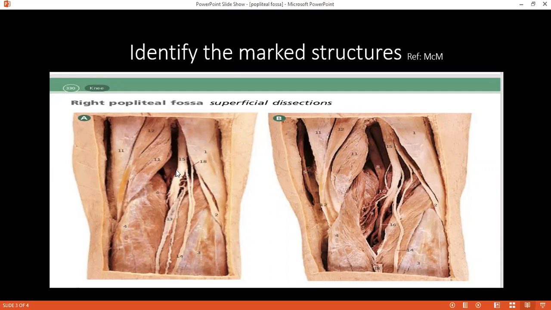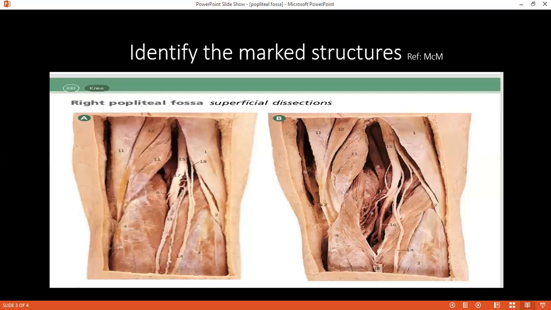Can you please identify number 15? Number 15 is the tibial nerve. Very good. This tibial nerve, as you could see, is dividing.